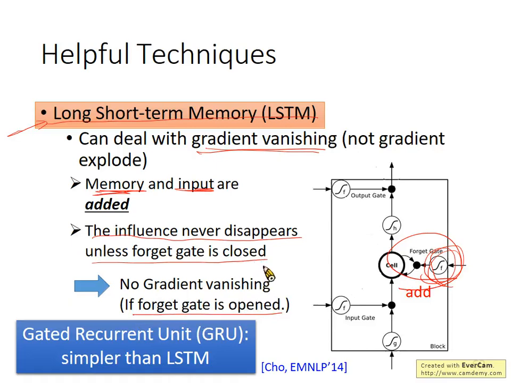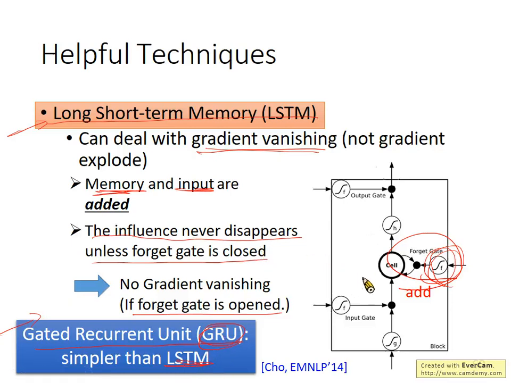Actually there are also some other variants to solve this problem, although this is still an ongoing research topic. There are already some simple methods to successfully train an RNN. One is LSTM. Another one is called the gated recurrent unit (GRU), which is simpler than LSTM.